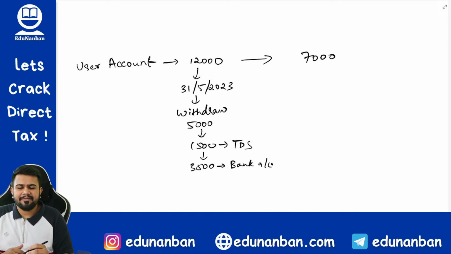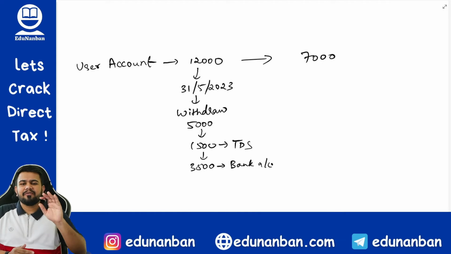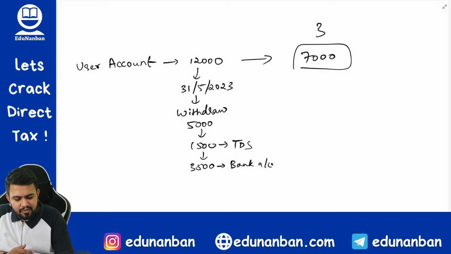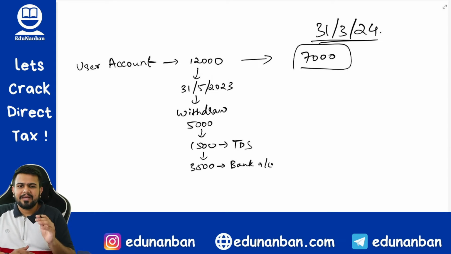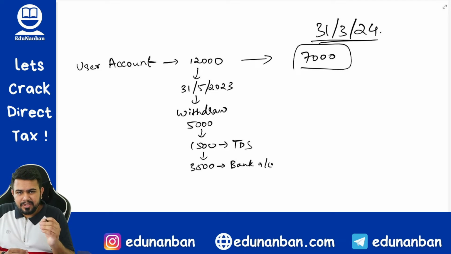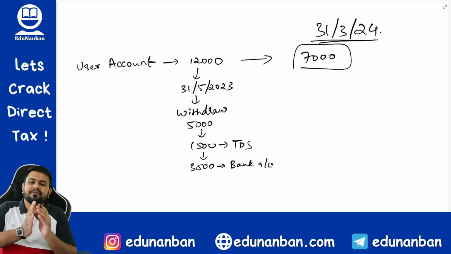Next, so now what is the balance amount, sir? The balance amount is 7,000. Now let us assume that this user has not at all withdrawn the money from his account and this money is lying in the user's account as on 31st of March 2024, that is at the year end. So whatever net winnings is there in the user account at the end of the year and the user has not withdrawn that amount, then on such amount also TDS has to be deducted and paid to the government, that is at the end of the financial year.